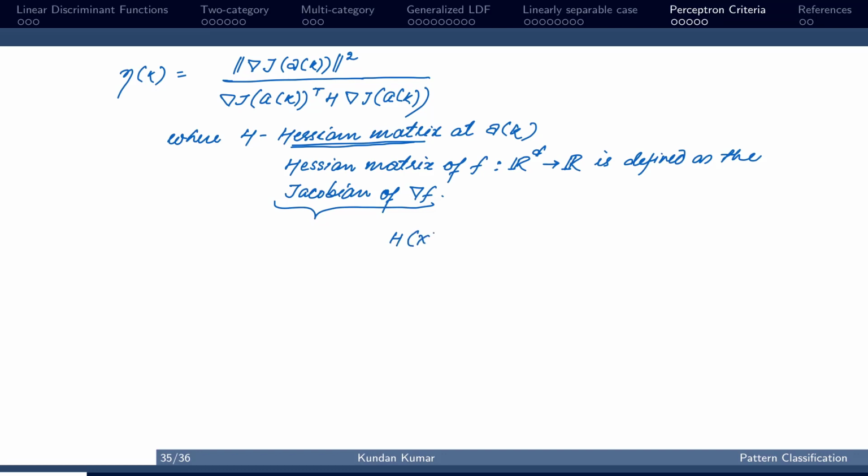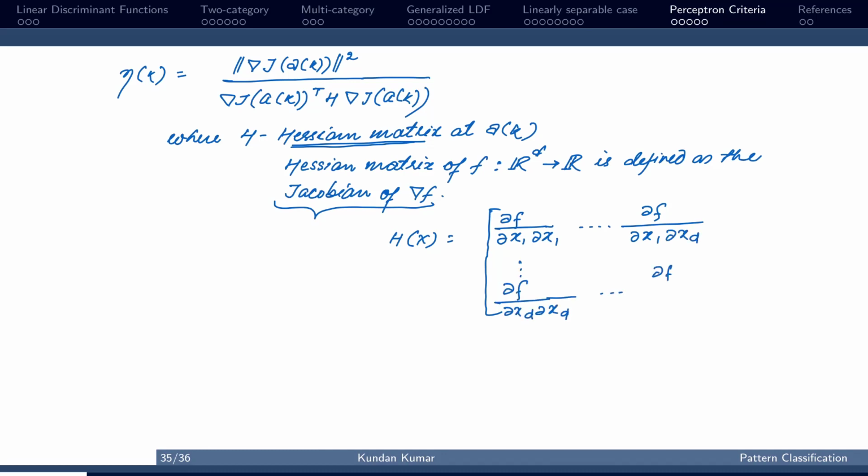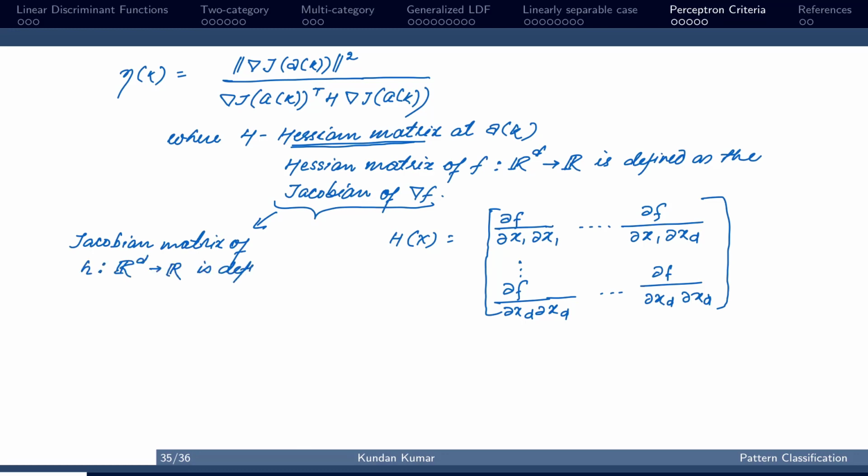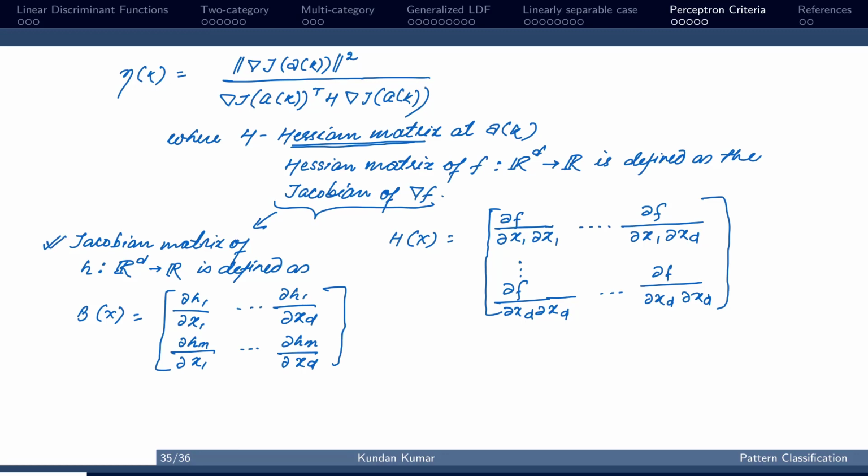The Hessian matrix can be defined in terms of the second partial derivatives, del F by del x1, del F divided by del x1 del xd, and so on, where the Jacobian matrix is defined accordingly. So how is this Jacobian matrix defined?